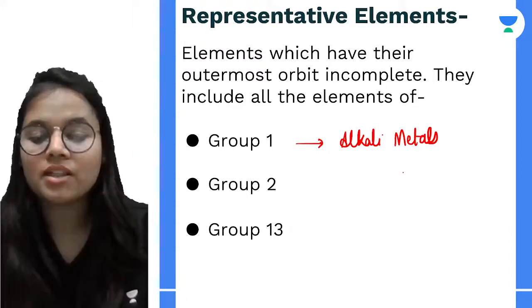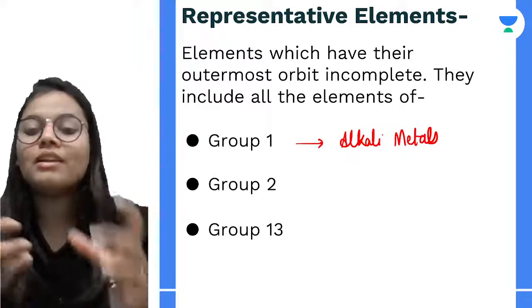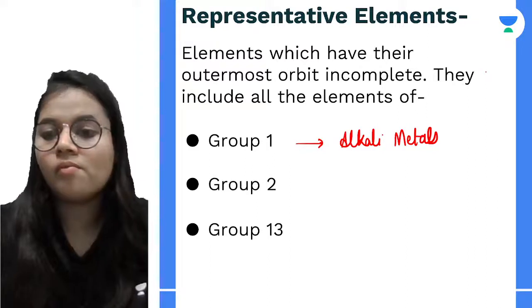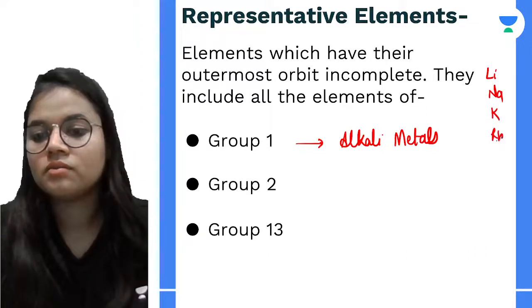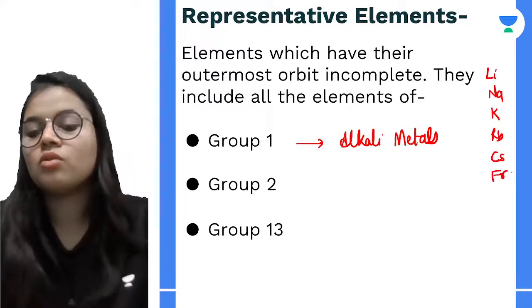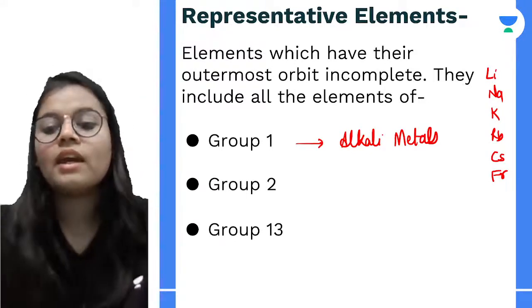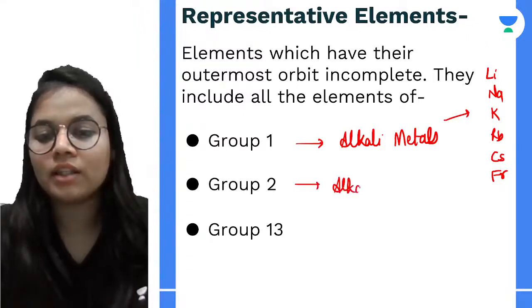What are alkali metals? Alkali metals are the elements that have one electron in their valence shell. These are lithium, sodium, potassium, rubidium, cesium and francium. In group 2 we have alkaline earth metals.